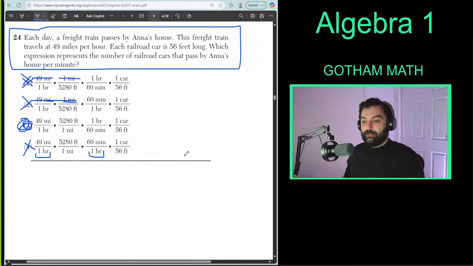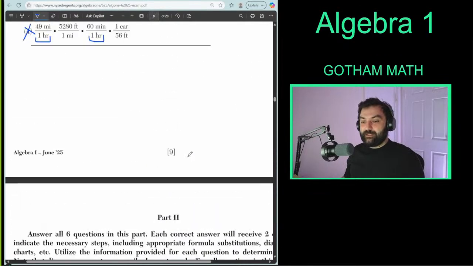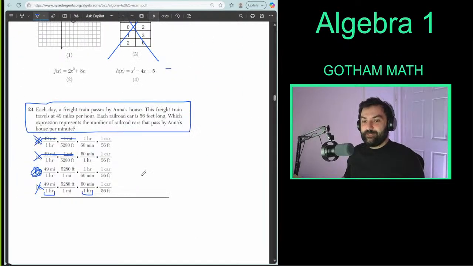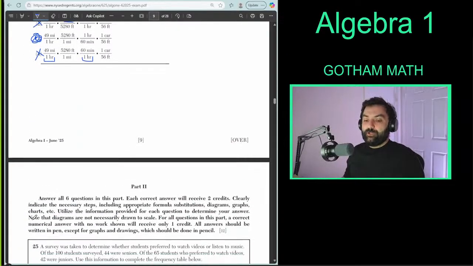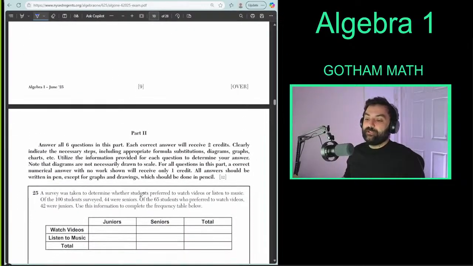All right. This is it, guys. This is the first 24 questions on the Algebra 1 Regents exam. What we're going to do next, this is going to be part 1, uploaded separately as part 1 of the 2025 June Algebra 1 Regents. For the second part, we're going to do the same thing.